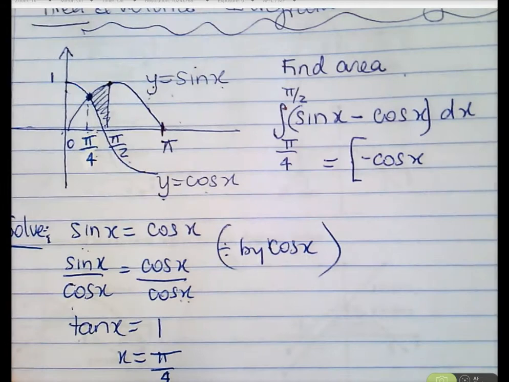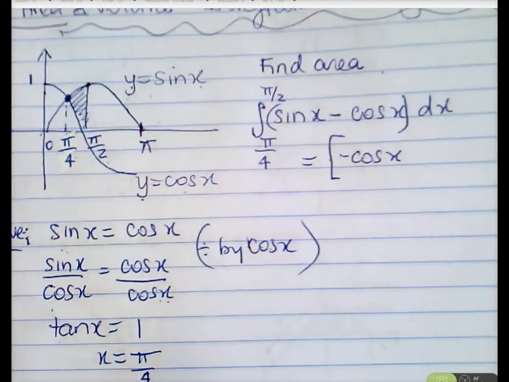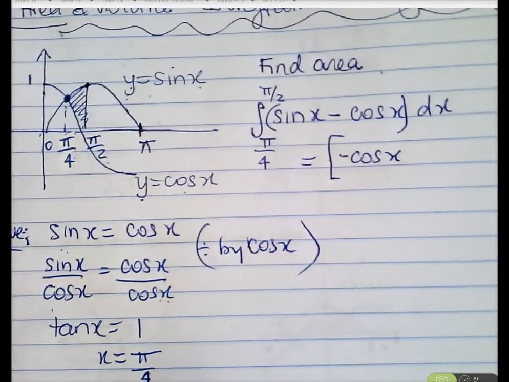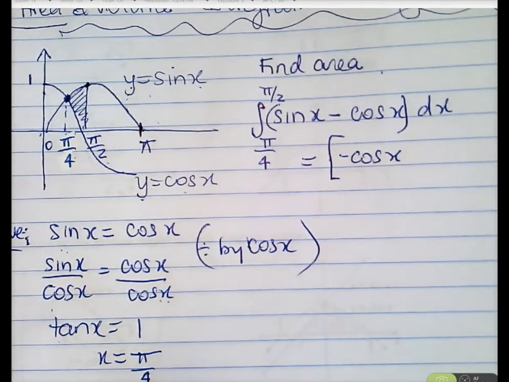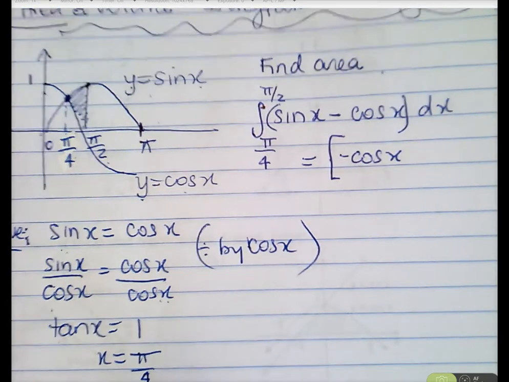Only one of them is going to change. When you differentiate sine, it doesn't change the sign, so when you differentiate cos, it does. When you integrate sine, it does change. Differentiation and integration are the opposite. One of them will stay the same, the other one will change.